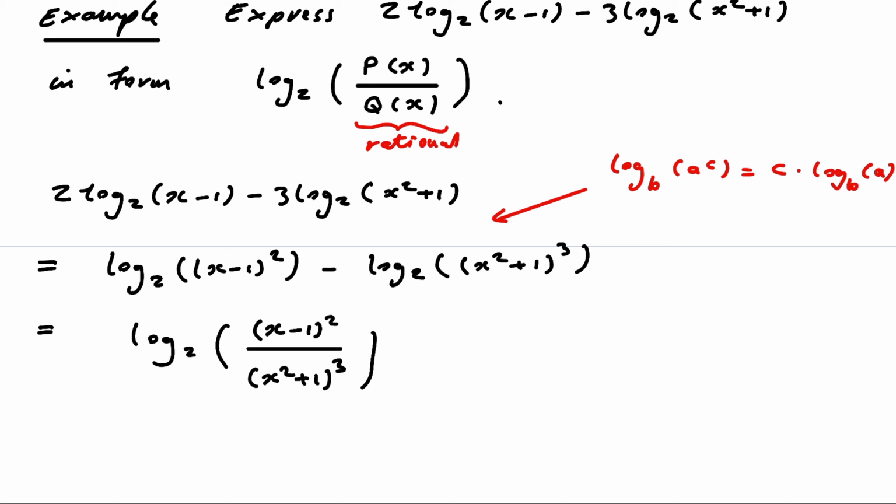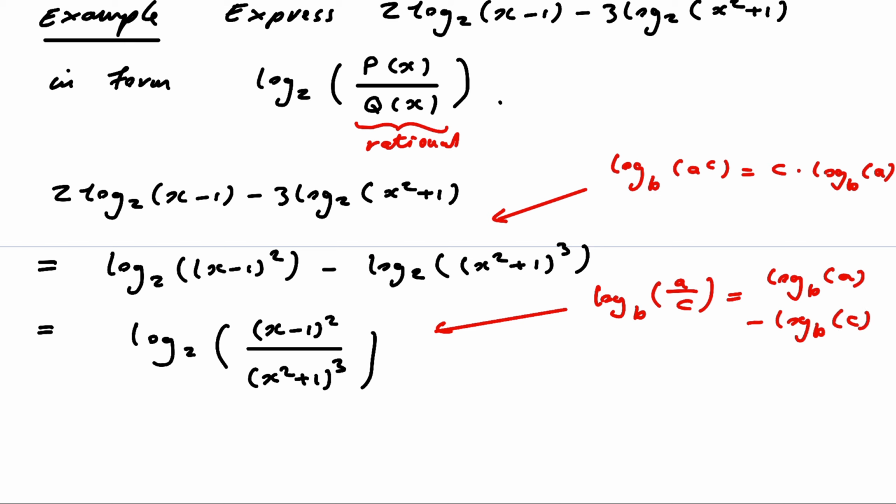And now this log law, of course, is the following. Log to the base b of a over c is equal to log to the base b of a minus log to the base b of c. That's how the logs work for quotients.